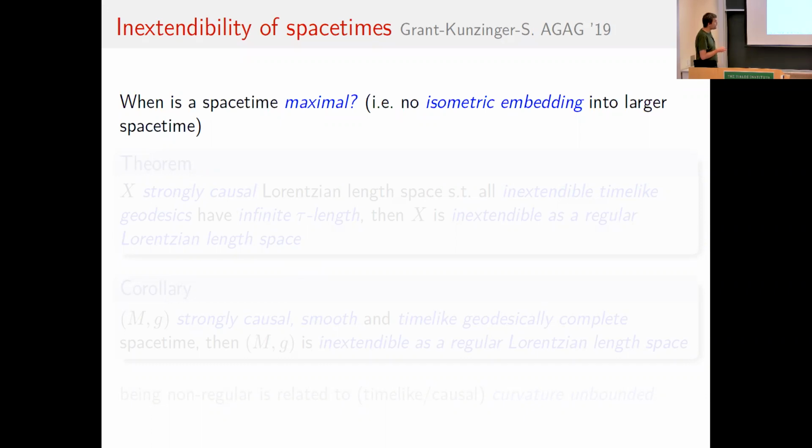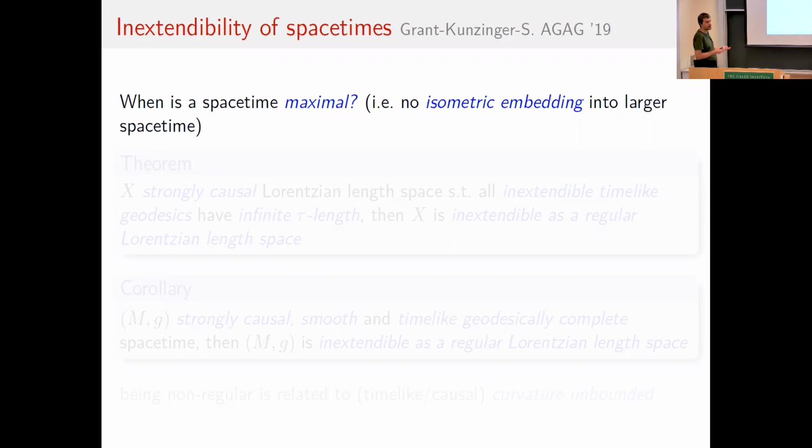And this is therefore an important question: when is a spacetime maximal? For example, if a smooth spacetime is time-like geodesically complete, then it cannot be extended by a C2 Lorentzian manifold, because this would contradict the geodesic completeness. And recently there was this fundamental result by Sbierski, who showed that Schwarzschild is actually inextendable as a C0 manifold. So you cannot embed it into a spacetime with continuous metric.